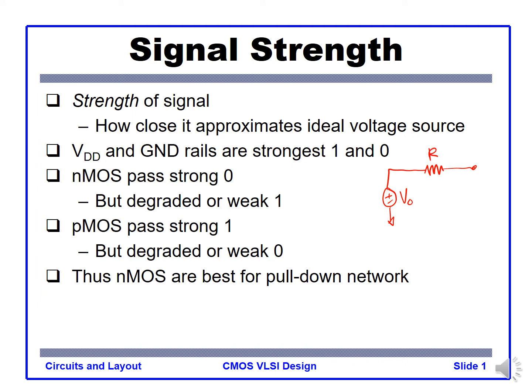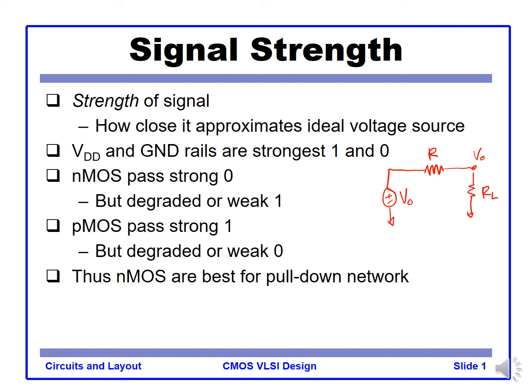So if you have a smaller R0, then the output will be the same as the voltage source here, no matter what you have on the output load.